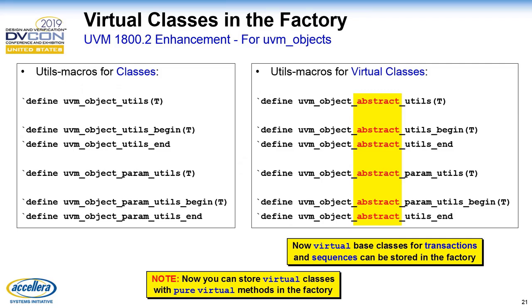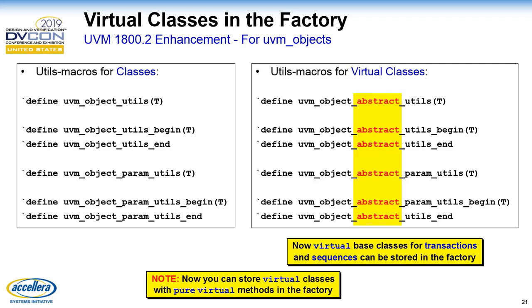For our objects, we've always had the utility macros for classes, the object utils begin and end, the param versions as well. Now with IEEE UVM, you're also going to have UVM object abstract utils, UVM object abstract utils begin, etc., so that you can now declare your classes to be virtual classes and place them in the factory.